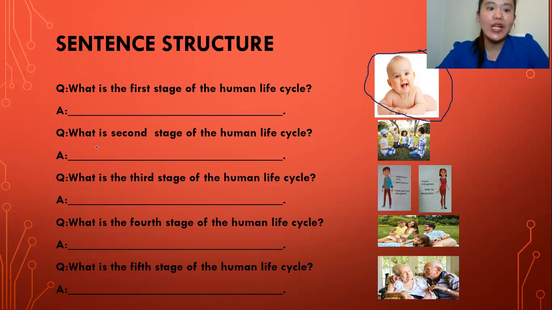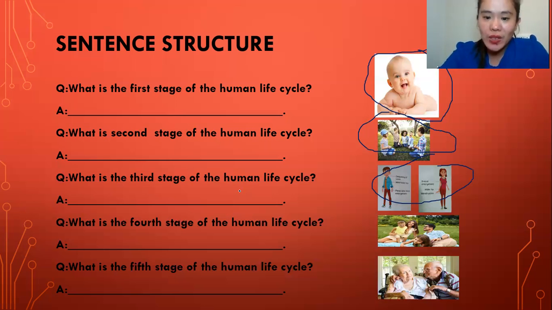Very good. Next, what is the second stage of the human life cycle? So this picture. The second stage of the human life cycle is childhood. Very good. So next, number 3 question. What is the third stage of the human life cycle? The third stage of the human life cycle is adulthood.